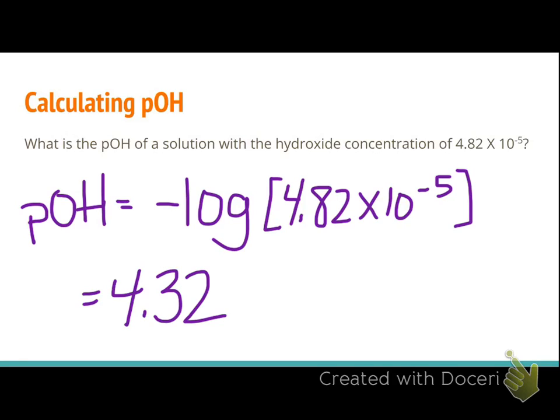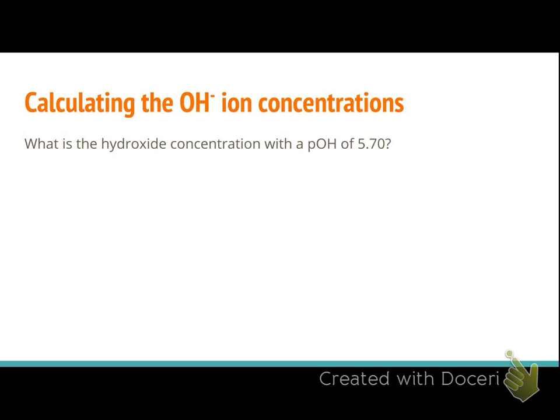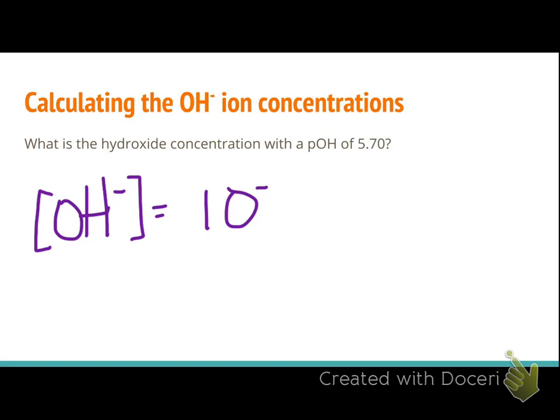Okay, so from this, we're not going to determine if it's an acid or a base, because we determine that based off of our pH concentration. But in a minute, we'll determine how to determine that from here. Okay, so keep this value in mind. How do I find the hydroxide concentrations? Same thing. You're going to take your hydroxide concentration equals 10 to the negative pOH.